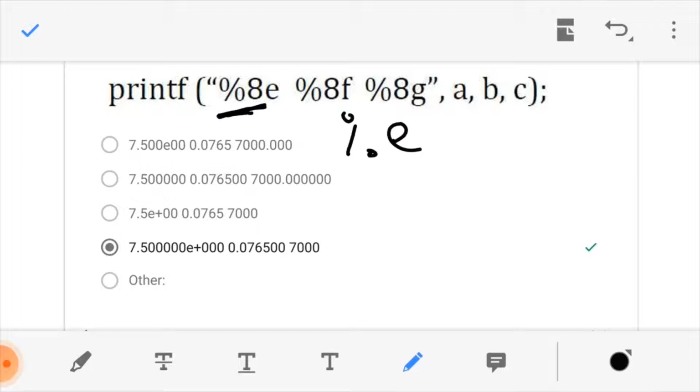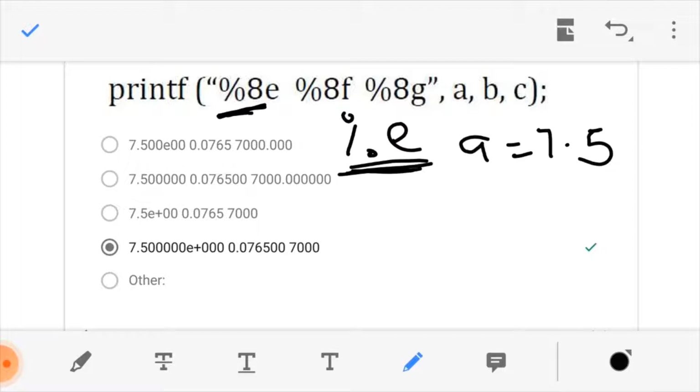Okay, so we know that A was initialized as 7.5, and we know that scientific notation is similar to float. Here there wasn't any given precision, which means that if it's similar to float, I can use my default precision. Scientific notation has matrices and exponents, but we don't have to go through that. We just have to know that we can relate it to floats.